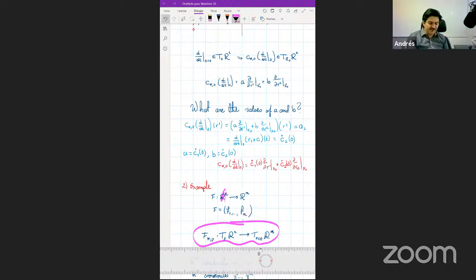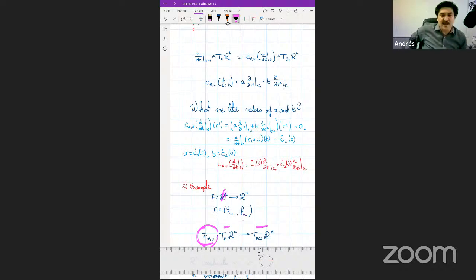Again, we will use the fact that we have a basis here and here, right? We have the canonical basis. And then you know that this is a linear map. So if I have a basis here and a basis here, we are going to write down the matrix of that linear function with respect to those two bases.